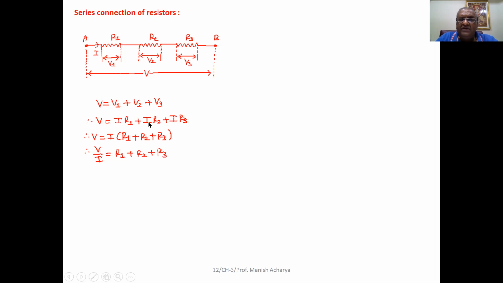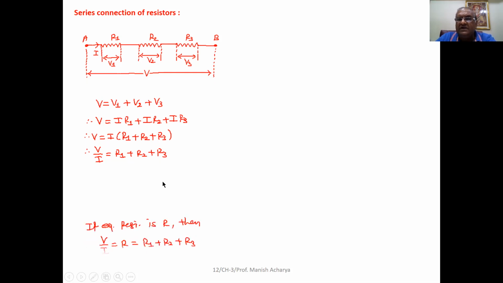For V2, we can write IR2. For V3, we can write IR3. If we take I common, then V equals I into R1 plus R2 plus R3. So taking I on the left hand side, we can write V by I equal to R1 plus R2 plus R3.